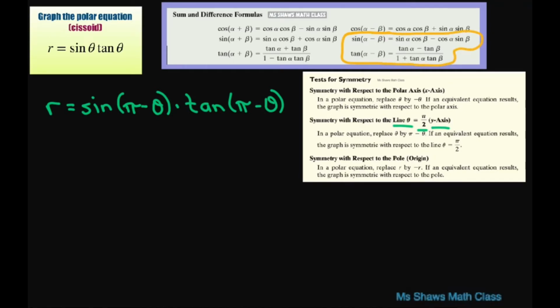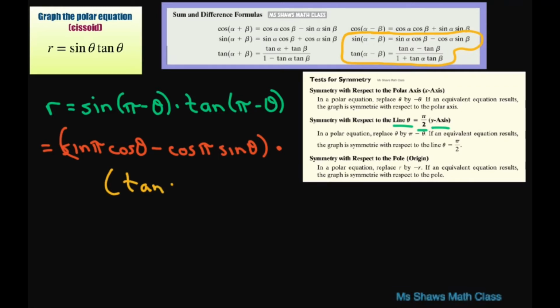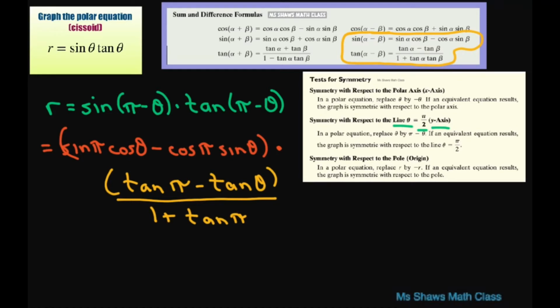So let's do that. We're going to get sine of pi cosine of theta minus cosine of pi sine of theta, and this is going to be times, and I'm going to write the times down here, tan of pi minus tan of theta divided by 1 plus tan of pi times tan of theta.